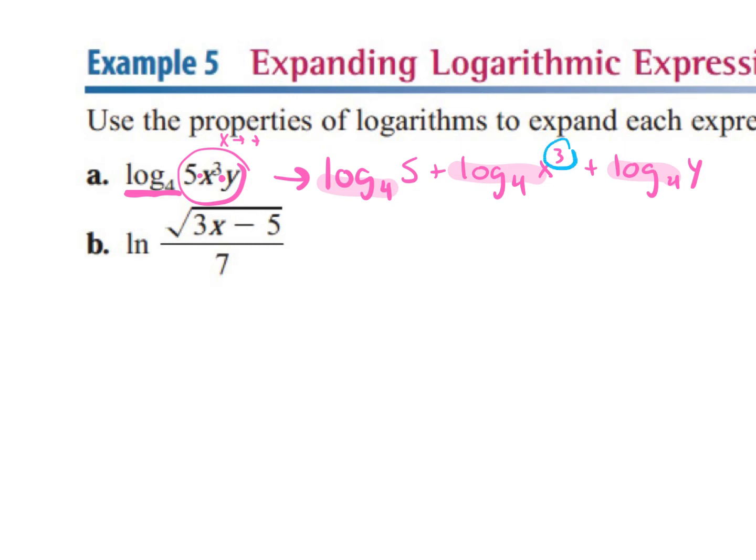I have that exponent there, and that exponent just goes right in front of the log that it's attached to. So this is now 3 log base 4 of x. And the rest of it just stays the same. So I have log base 4 of 5 plus 3 log base 4 of x plus log base 4 of y. And that's my answer.